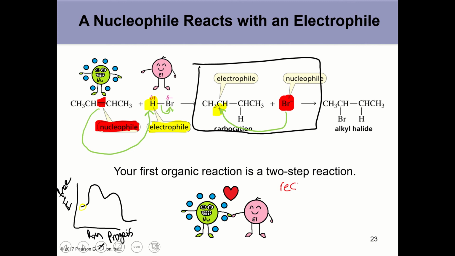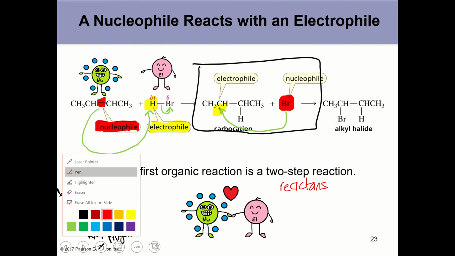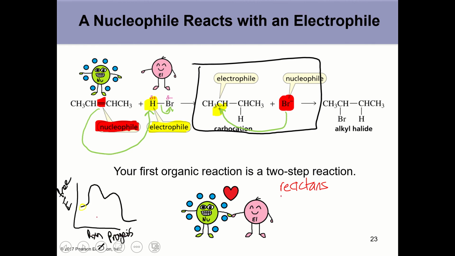Let me put down a list of things for you to know. Reactants. What does the transition state look like? And which is the rate limiting?